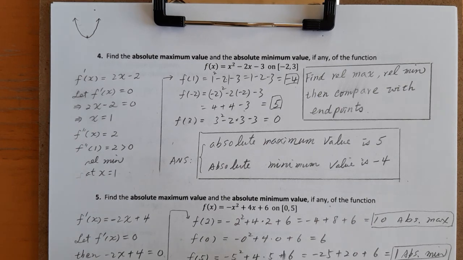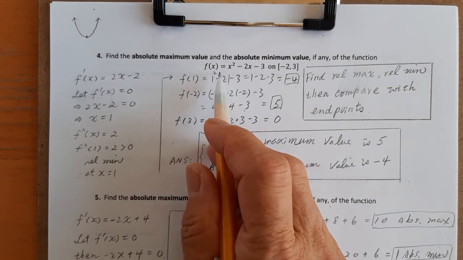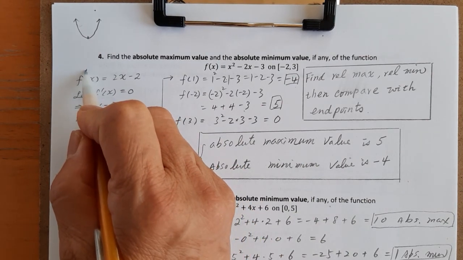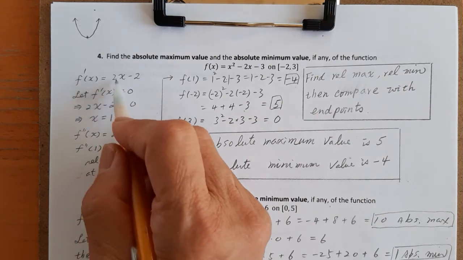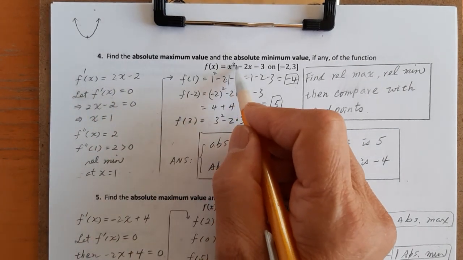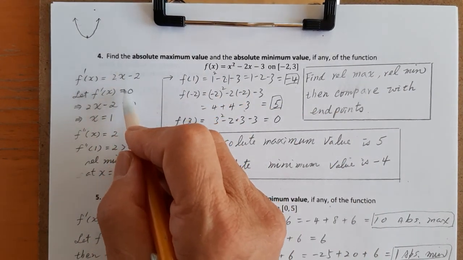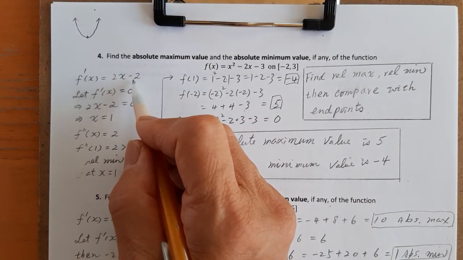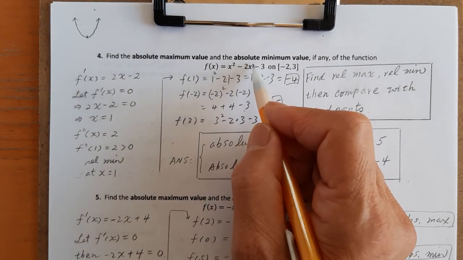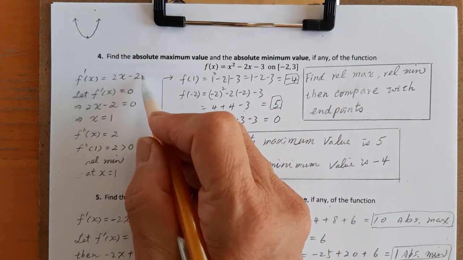So how to do it? First of all, we take the first derivative, f prime of x, which is 2 times 1, get 2, and x to the power 2 minus 1 is x to the power 1, minus 2 times 1 is minus 2, x to the power 1 minus 1 is x to the power 0, which is 1.